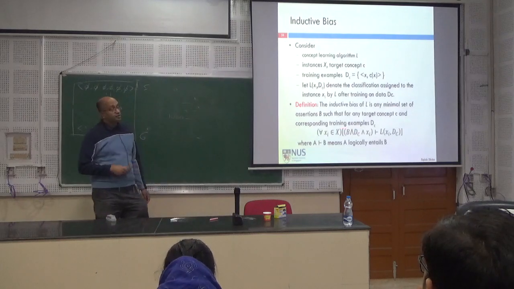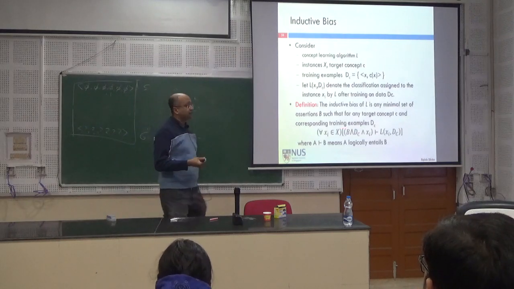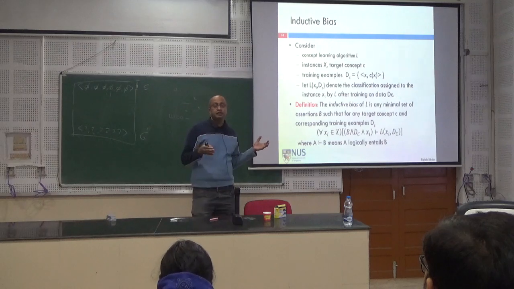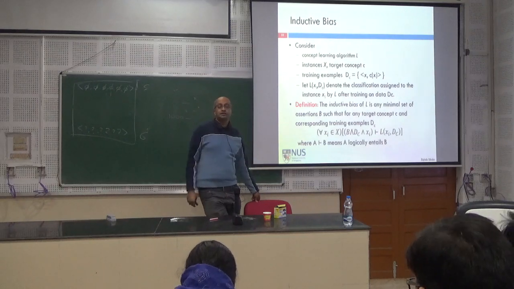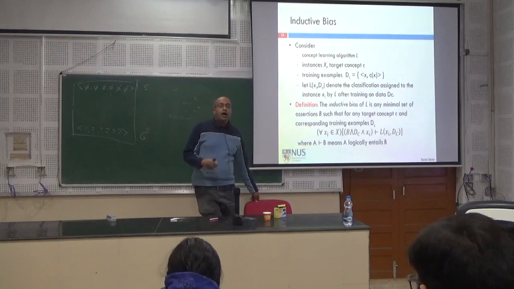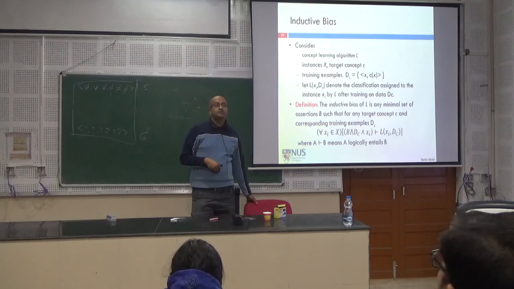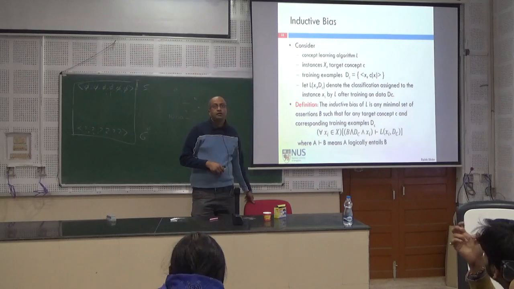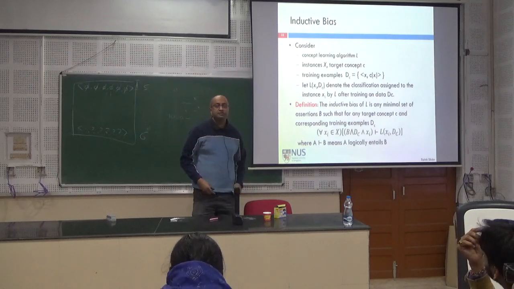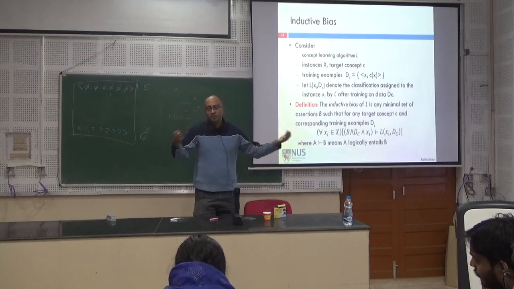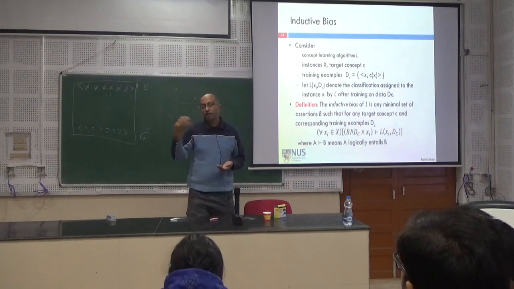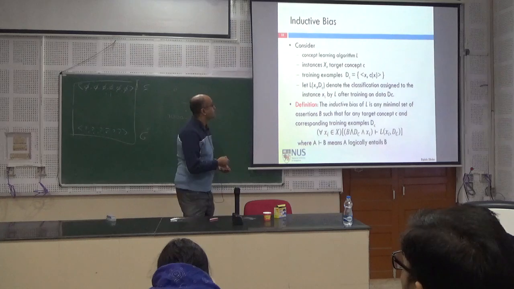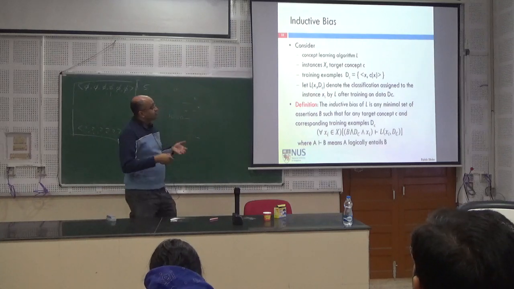Another way, since we were talking about bias: the bias was that I restricted my hypothesis space to only conjunctions. How do I formally characterize this bias? In most scientific things, if you say that there is a bias, then you should be able to characterize it. What is the formal definition of bias in this case? Let's see what we have.